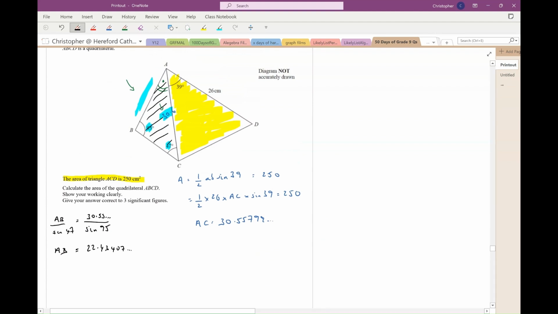Now, before I do that, I'm going to find angle A. Angle A is going to be 180 minus 95 minus 47, which is 38. So the area of that triangle is going to be a half times AB, 22.4, times AC, 30.6, but I'll use the whole number, times sine 36.